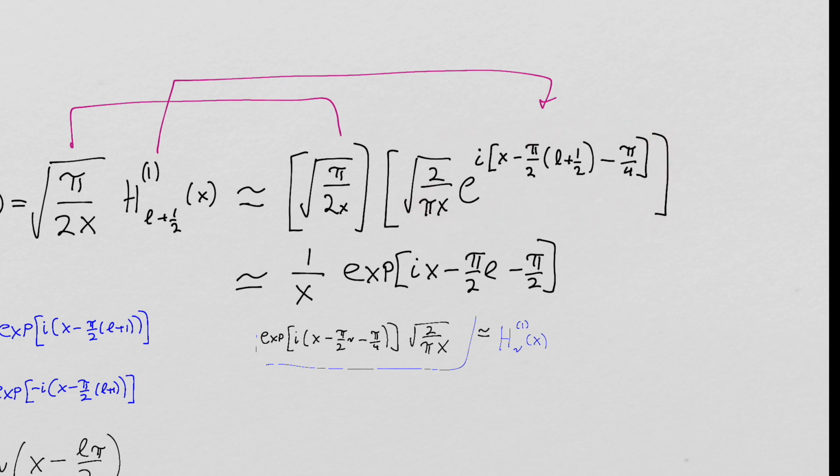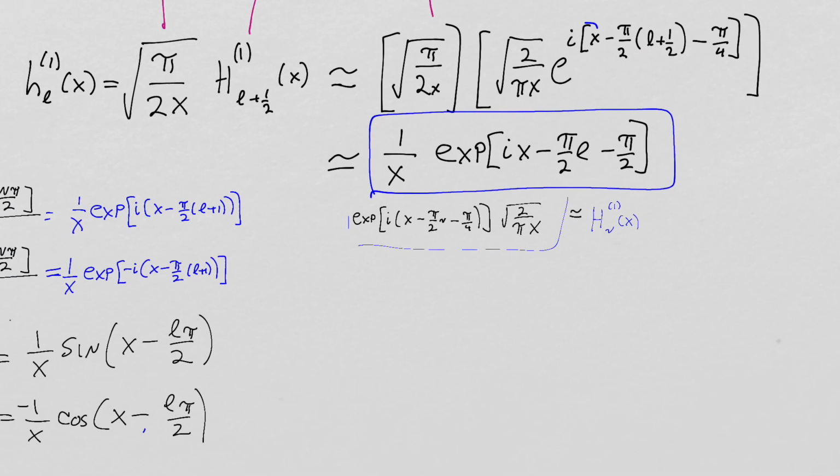The e to the ix comes right down, the minus pi over 2L comes right down, and then the minus pi over 2 times 1/2, which is pi over 4, minus another pi over 4 gives us a minus pi over 2.